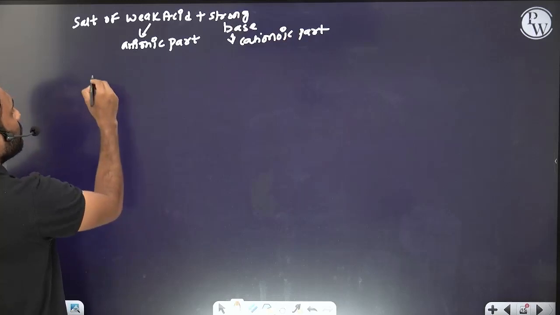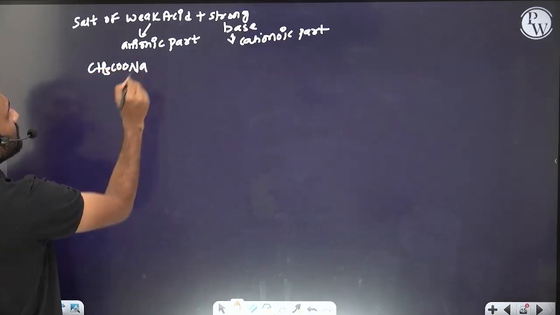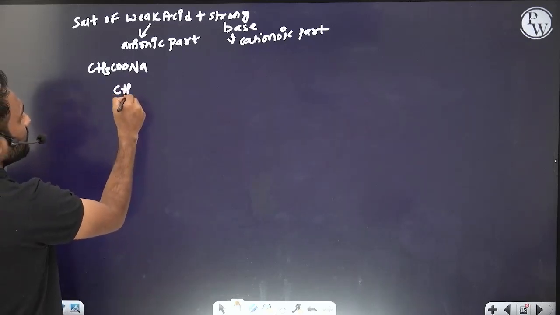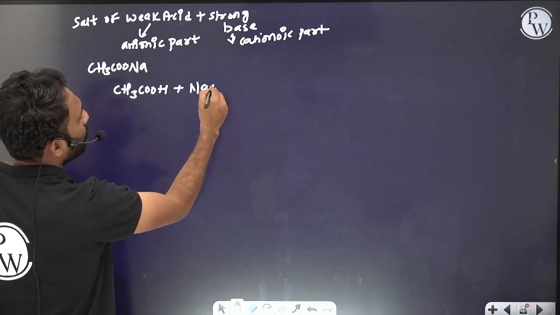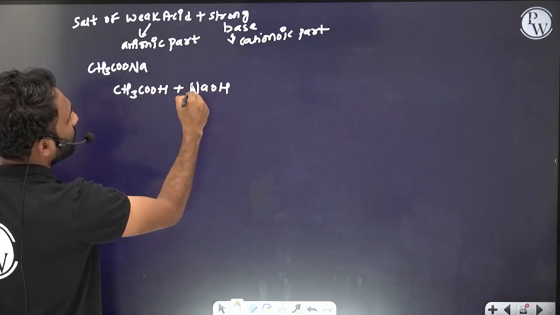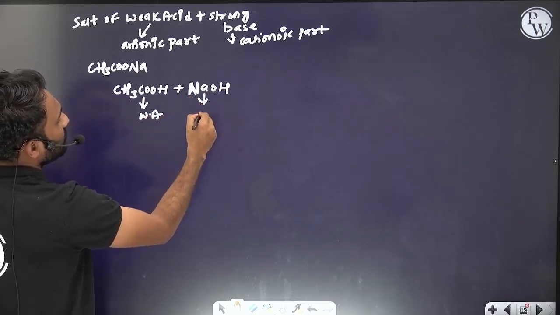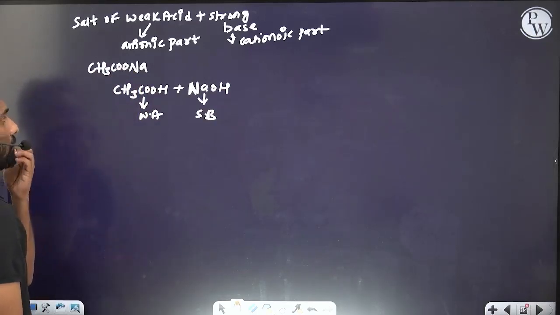Now the example: sodium acetate. Look here, sodium acetate: CH3COOH plus NaOH. Now this is a weak acid, and this is a strong base. Now these two react to give sodium acetate.